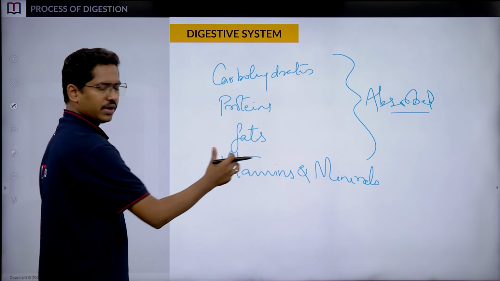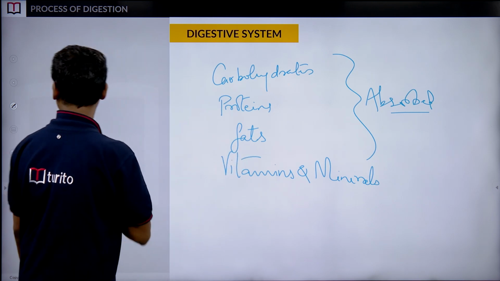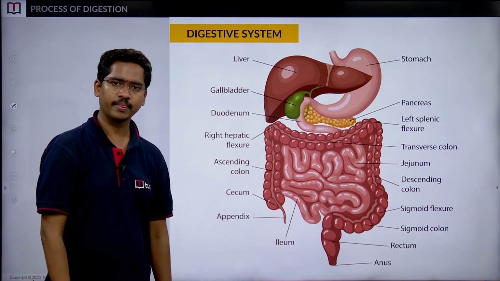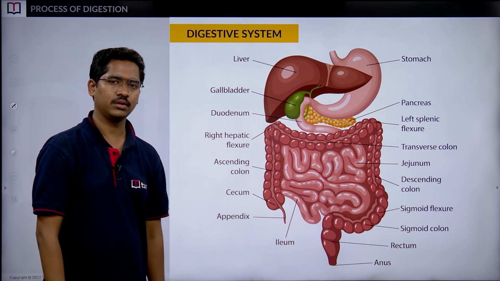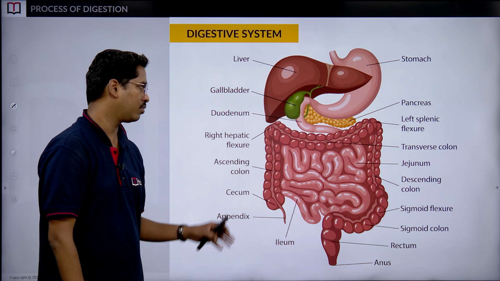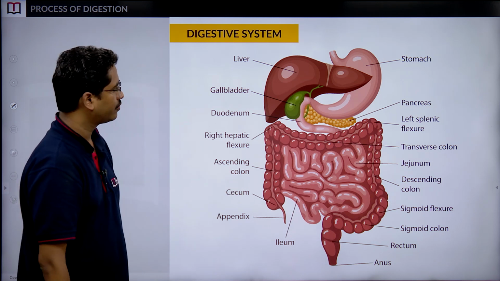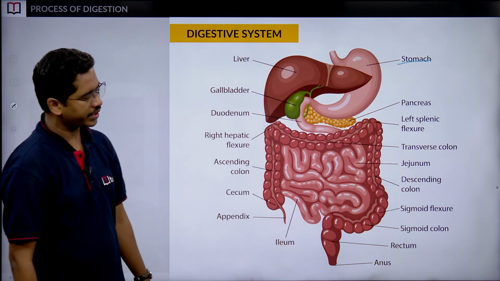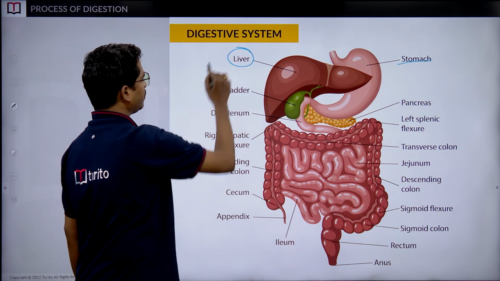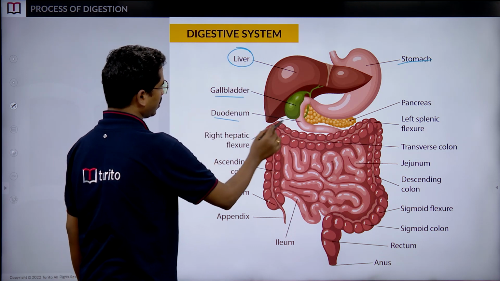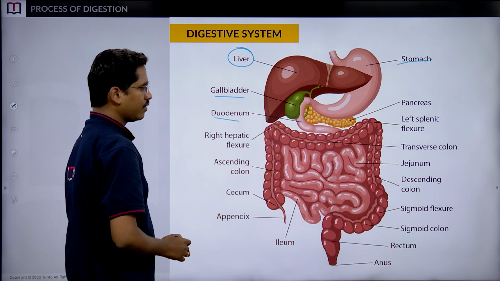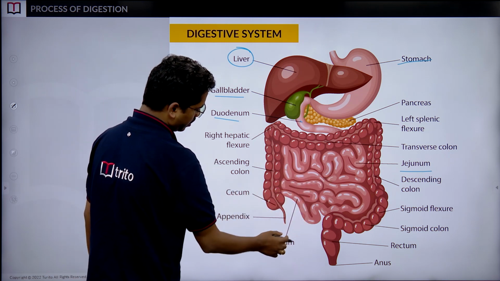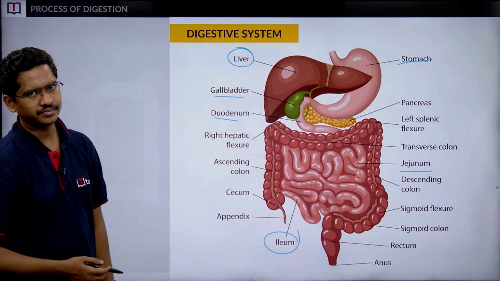Now, if you have to understand how this happens, we have to look into how the system looks. So, it apparently looks like this. This particular image is not a new thing to you, right. We also had a look at it in the previous session. If you observe, this is the bag which takes all of our bolus into it, and there are other organs like the liver, the gallbladder, and the duodenum, that is the first part of the small intestine, followed by the jejunum, and then you end up having the longest part of all, the ileum.